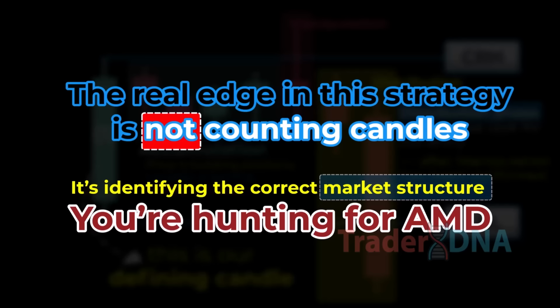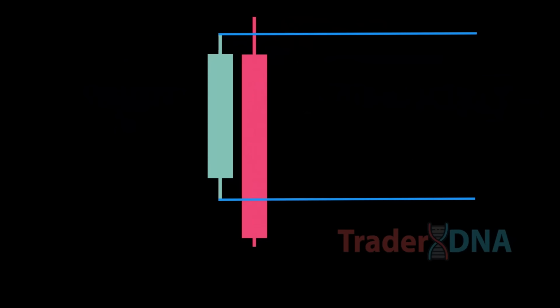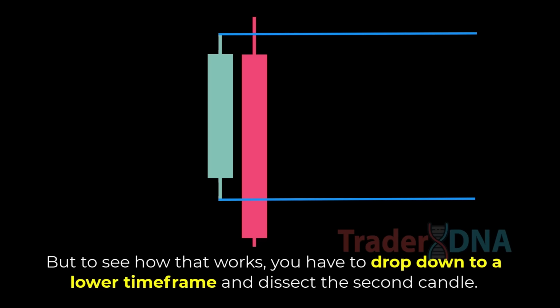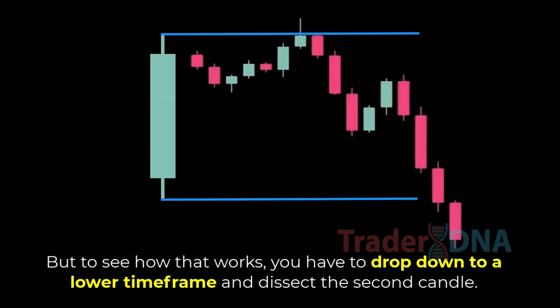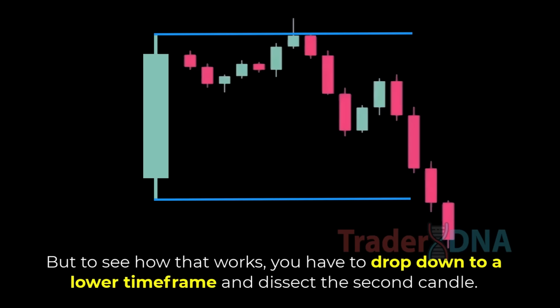Now here's where it gets even more interesting. With this understanding, you can actually find valid CRT setups that involve only 2 candles. But to see how that works, you have to drop down to a lower time frame and dissect the second candle. And when you do, you'll notice something powerful. Inside that single higher time frame candle, there's another AMD structure.